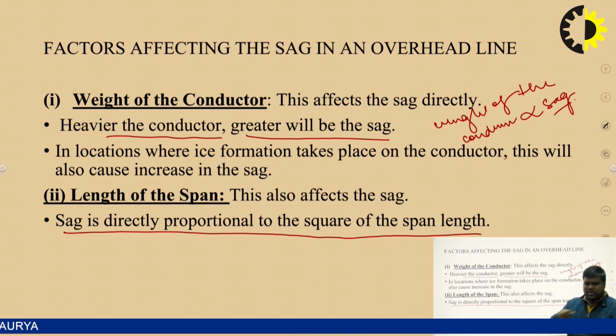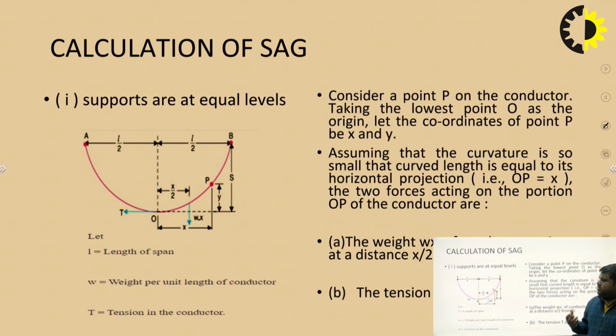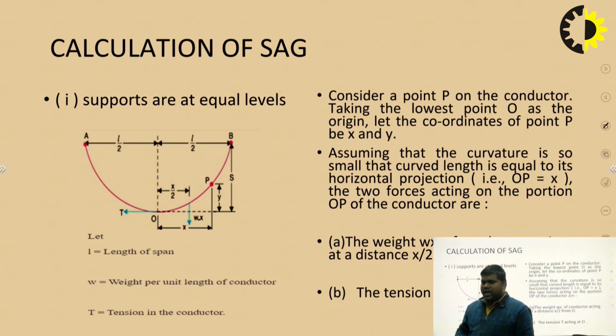In most interviews, questions are asked on what the effect of such things will be on the calculation and formulation of the same. So this is a very important point, I believe. We will see how to calculate and formulate the sag.